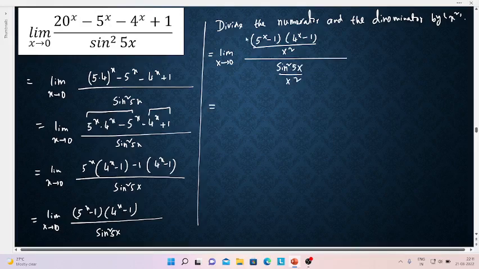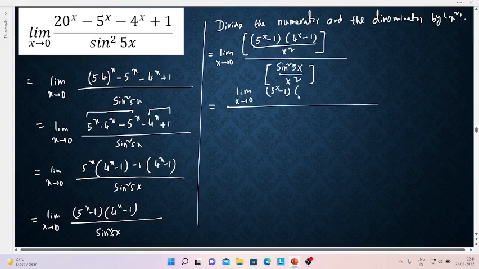First of all, we can see that there is a function on the numerator and also a function on the denominator, right? So we can separate the limit on the numerator and the denominator. So it will become limit x tends to 0 of 5 to the power x minus 1 times 4 to the power x minus 1 over x square, and on the denominator limit x tends to 0 of sine square 5x over x square, right?